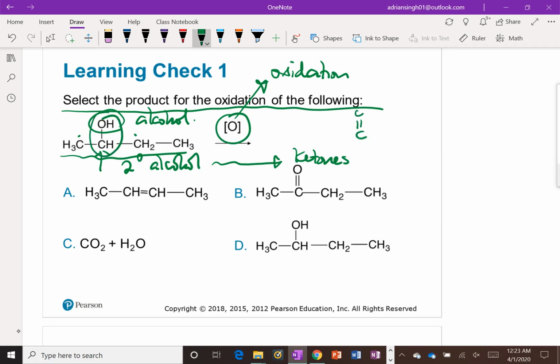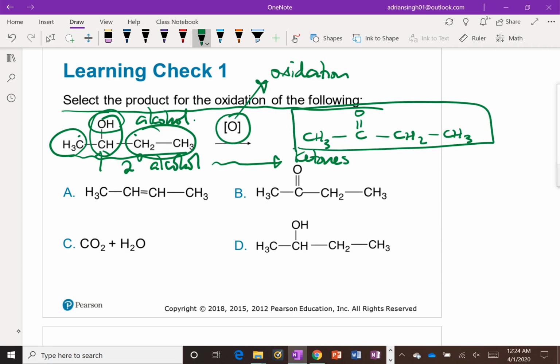The ketone has the carbonyl connected to carbons on either side. These parts of the molecule here are not going to change. So we have a CH3 on the left side, we have a CH2 and a CH3 on the right. So that'll be our corresponding ketone that we get when we oxidize a secondary alcohol, and that would be our option B down here.